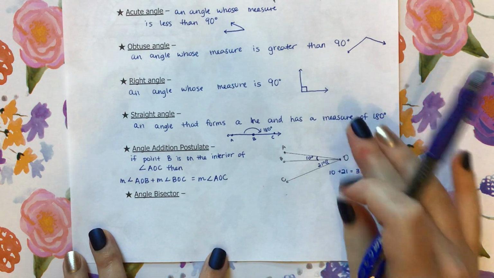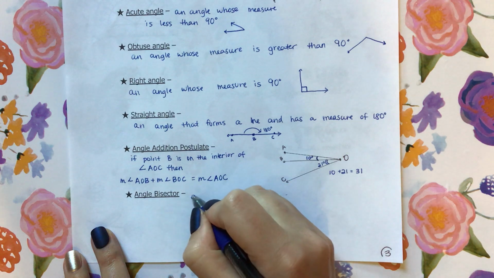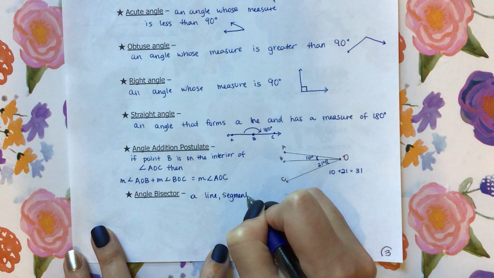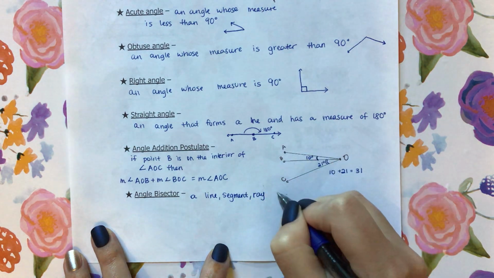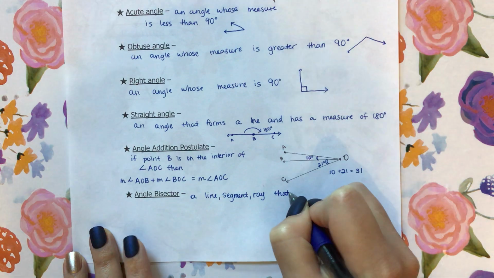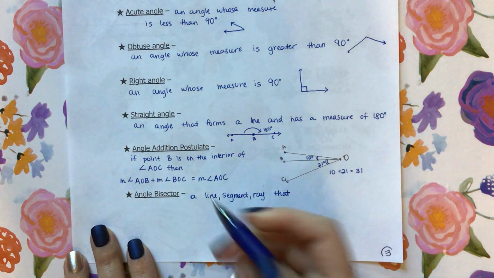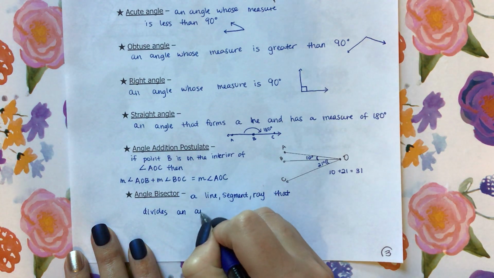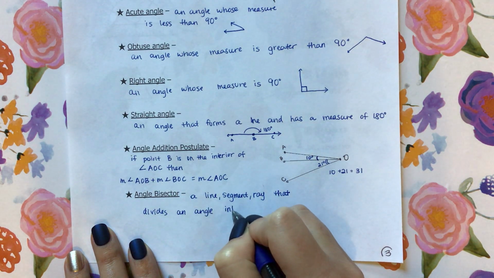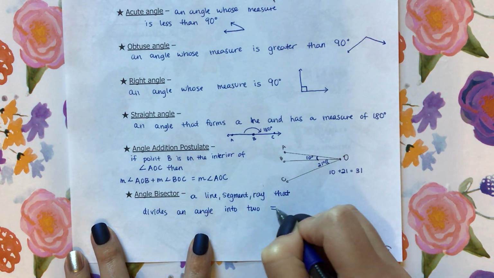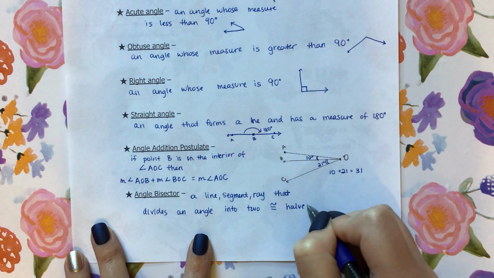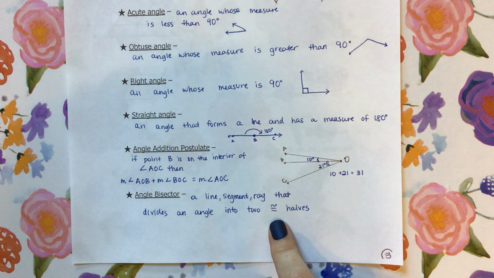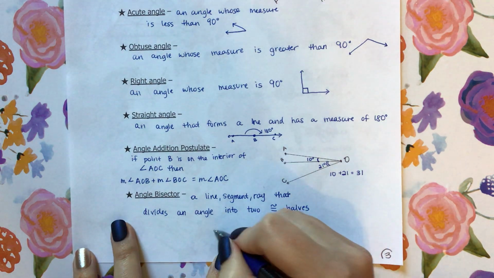So an angle bisector, you guessed it, it is a line or a segment or a ray that divides an angle into two congruent halves. I'm going to say it again. Congruent means equal measures. So I'm going to draw an image of this for you.